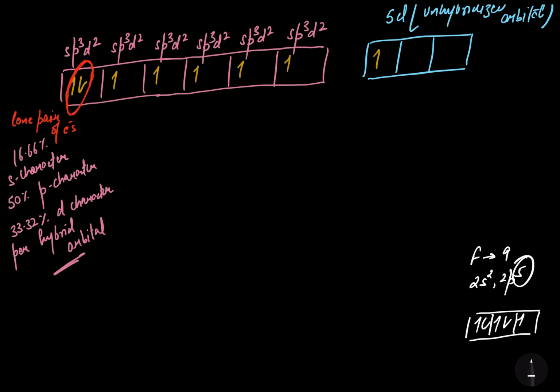First of all, that's the 2p of the first fluorine atom. The 2p has 5 electrons: that's 1, 2, 3, 4 and 5.